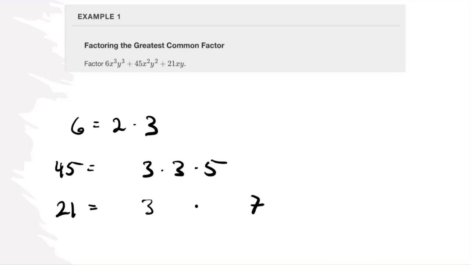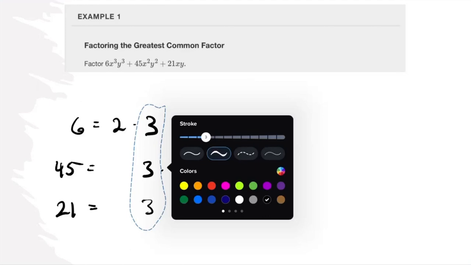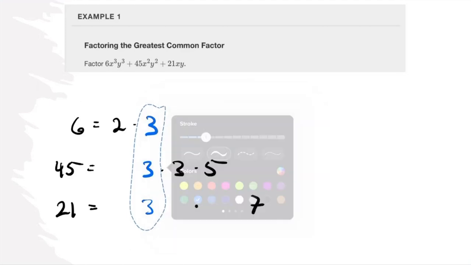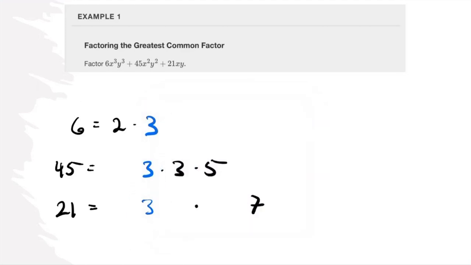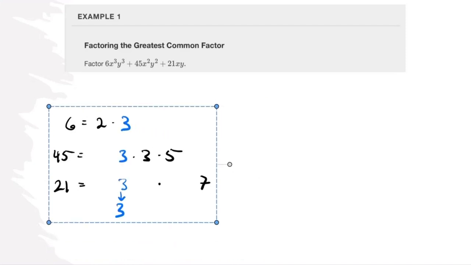So it looks like 3 is our greatest common factor, as far as the numbers are concerned. All right, so we're just going to put a pin in that and move it over to the side.